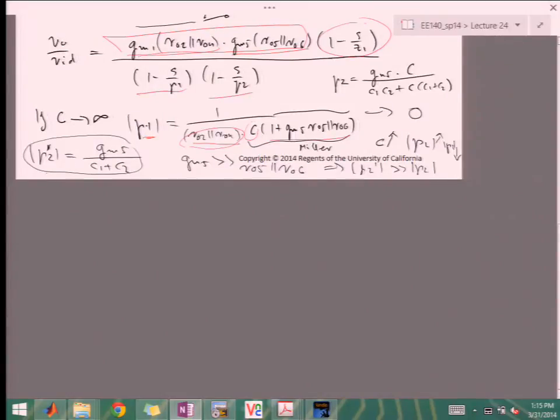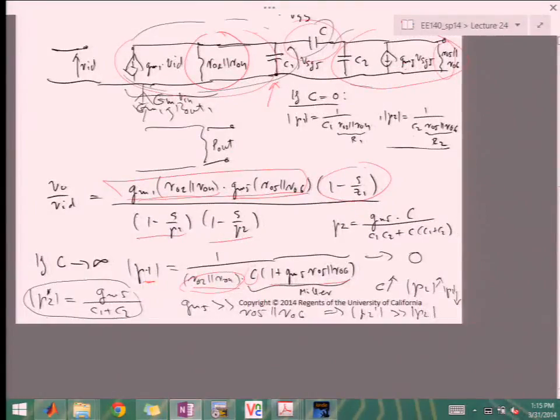Now pole 2. People remember this is the formula that we derived from these types of topologies, where you have C and C1, C2 bridge across.